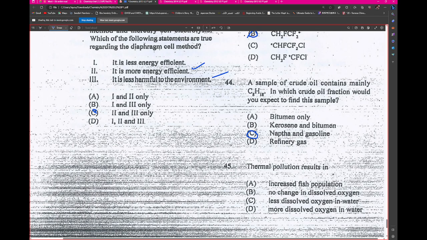And then you just have to have the table. I'm not sure. Does anybody have the table? Because I think it's memorization for the most part. If you memorize the table, that should be fine. The principle of it is that as you get closer to refinery gases, you have a smaller carbon chain, and as you get closer to bitumen, you have a longer carbon chain, right?